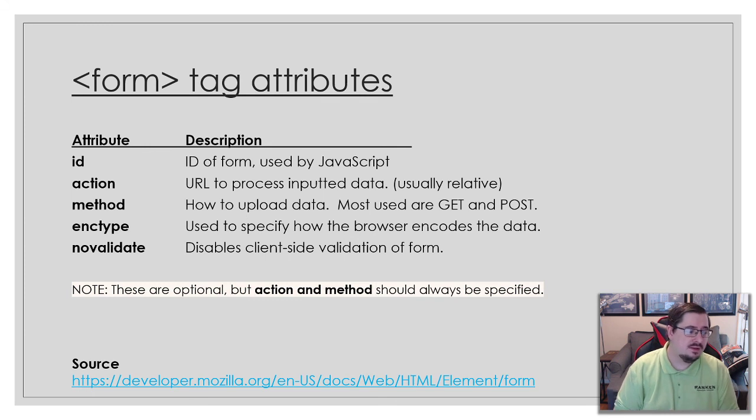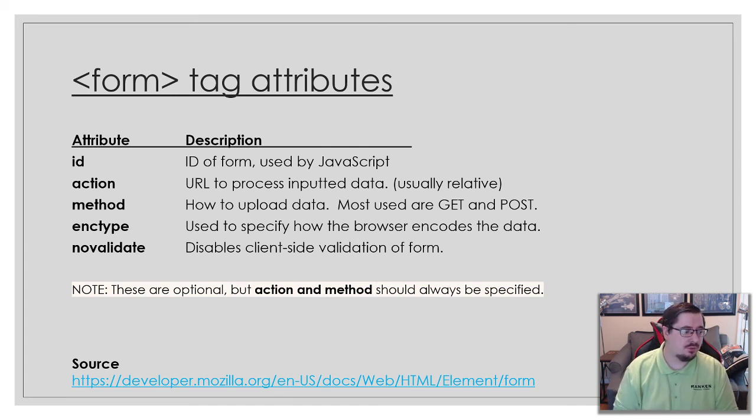Without that ID, it's typically not viable to get access to it, especially as your applications get more complex and you're probably going to have more than one form on a page. You can't just say, give me the first form tag on the page, because that will probably end up giving you the search bar that's in the nav bar. So make sure that when you're building forms, they typically have a unique ID that you can refer to in your code.